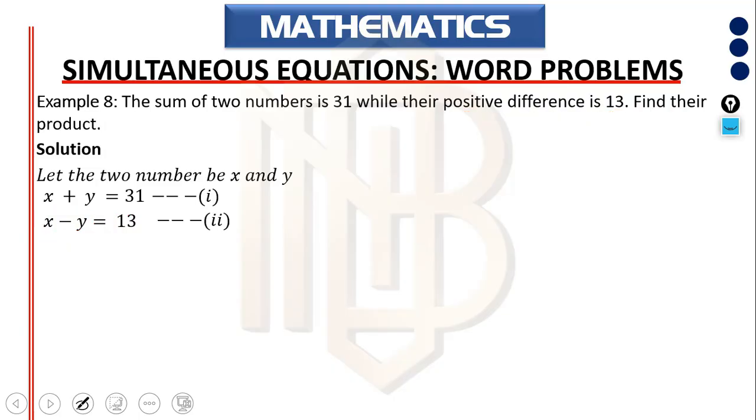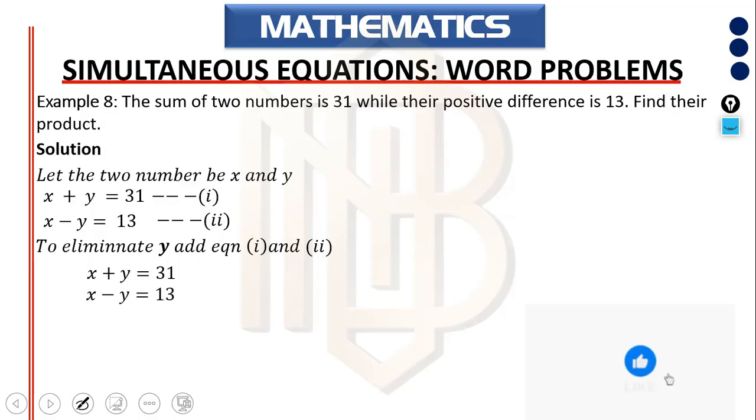The question says that we should find their product. That's the product of x times y. So from what you have there, you can conveniently eliminate y, using the elimination method, by adding equation 1 and equation 2.